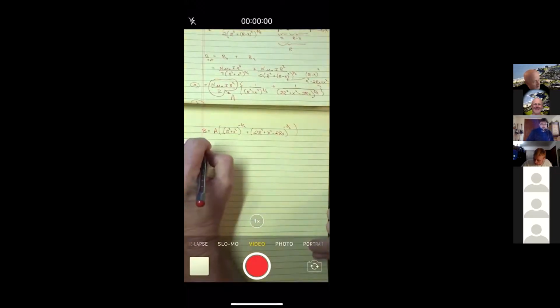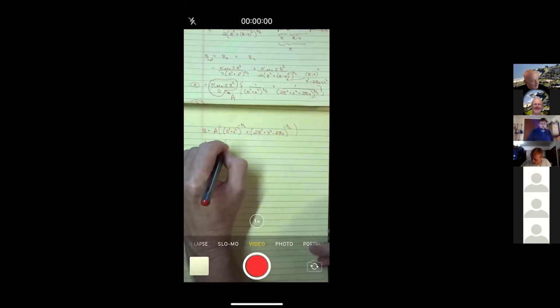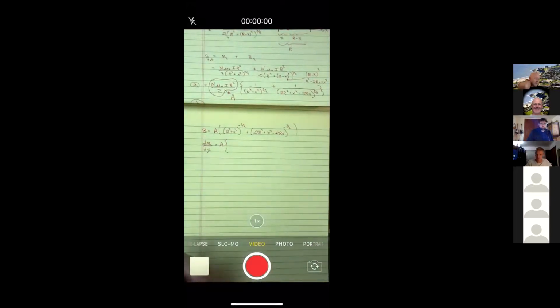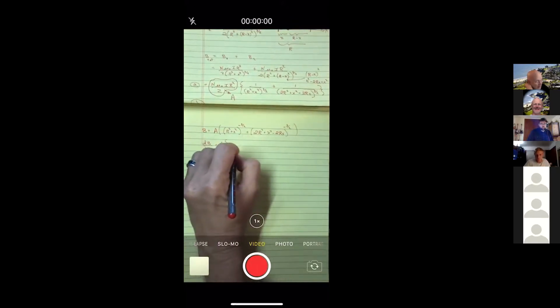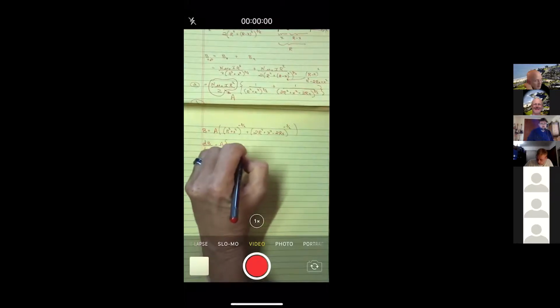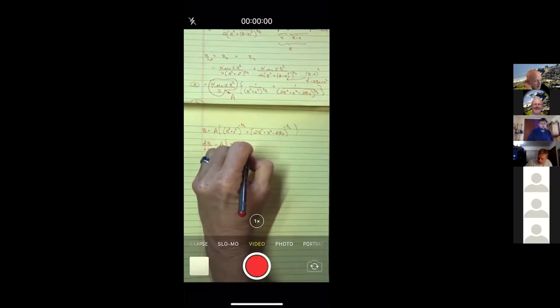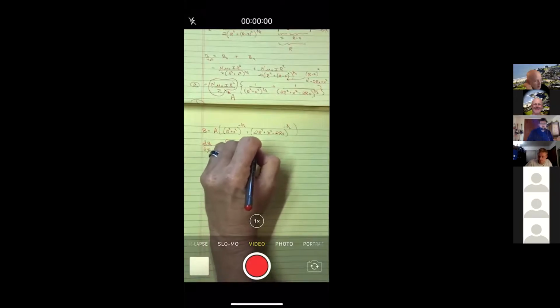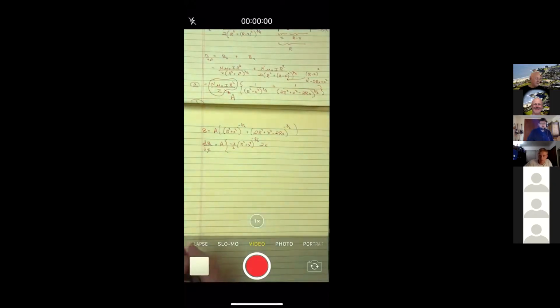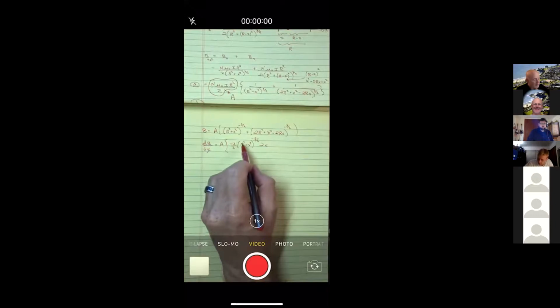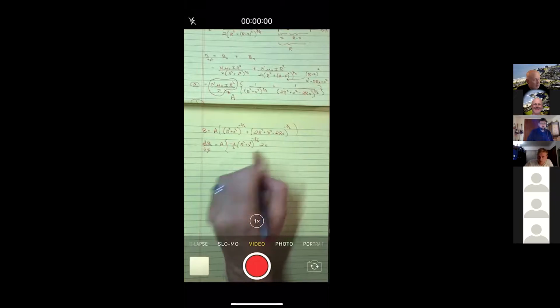So if I take the first derivative, dB/dx, of course, the A is a constant, so I'll leave that alone. And when I take the derivative of this, you bring down the exponents, subtract 1 from the exponents, and then you do the chain rule. The chain rule would say no derivative for the r squared, but the derivative of x squared would be 2x.